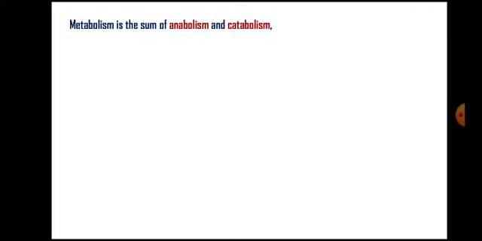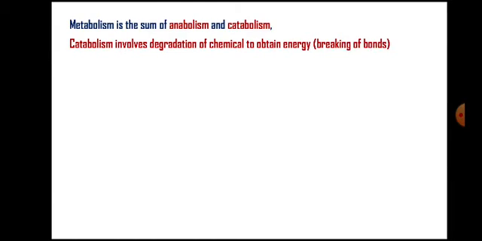So we can say metabolism is a sum of anabolism and catabolism. Catabolism involves degradation of chemicals to obtain energy. We can say it is the degradation of biomolecules to obtain energy. It involves breaking of bonds.